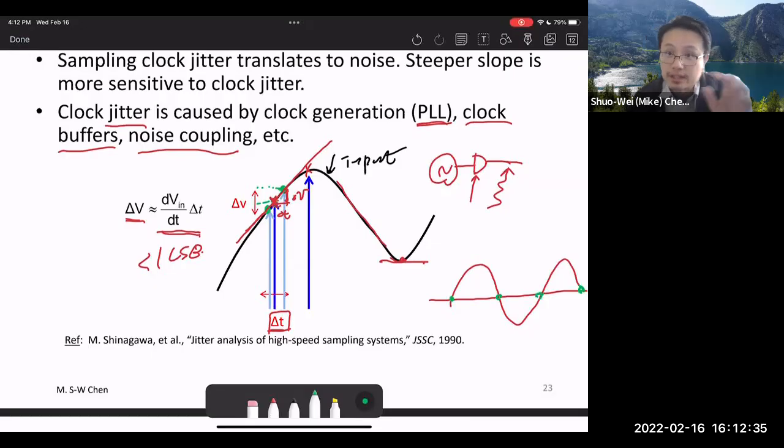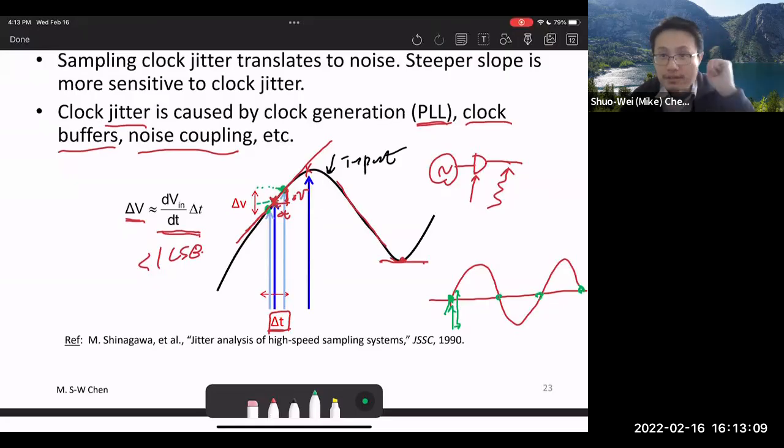That's absolutely correct. If your input signal is sinusoidal, the zero crossing point always gives you the sharpest point. So you just find the derivative at this point, find dV/dt, multiply by delta t, and that's the delta V. Then you say that in the very worst case, the jitter-induced error is still less than 1 LSB.